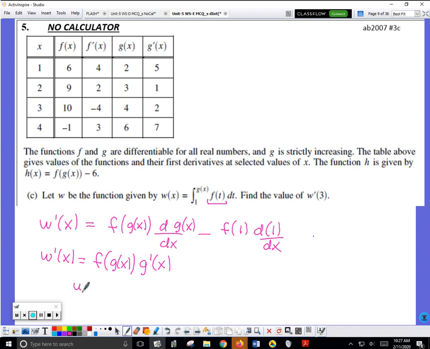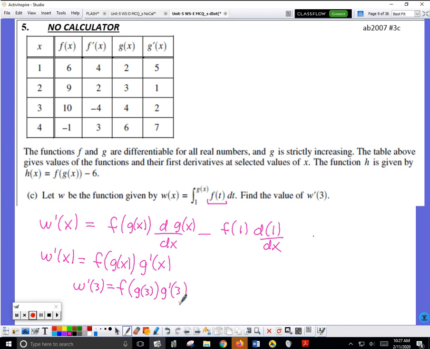W prime of 3 equals, and then you could go up to the chart, so it'd be F of G of x. Yeah, so I'm going to do one extra step. You're doing it in your head, which is fine. I just put in 3. Points for Mario. How many knew that?